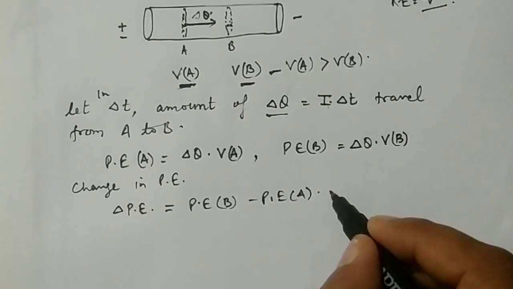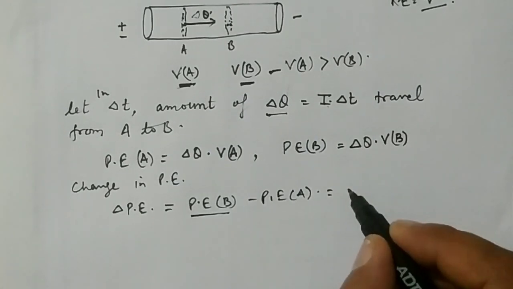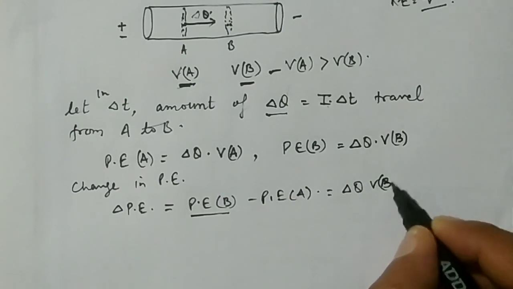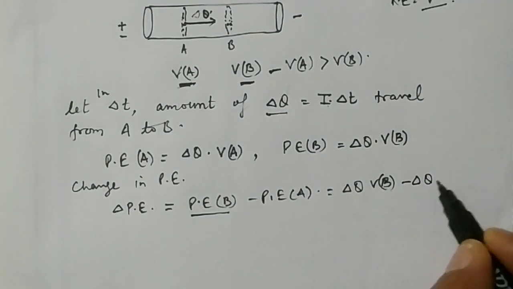So if you calculate the difference, you get delta q VB minus delta q VA.